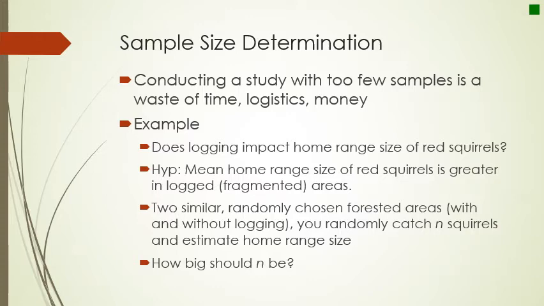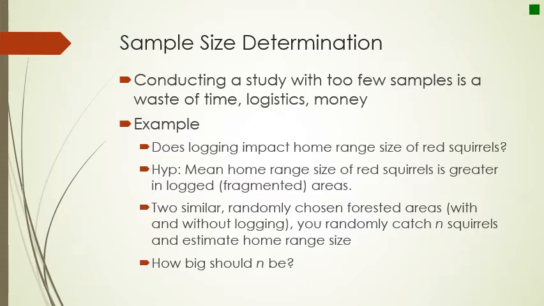So, for example, we might want to know if logging impacts the home range size of red squirrels. So our hypothesis is that mean home range size of red squirrels is greater in logged or more highly fragmented areas. So you might go out and choose two similar randomly chosen forest areas with and without logging.